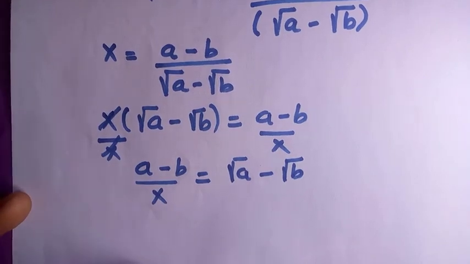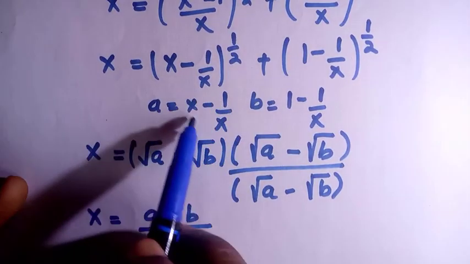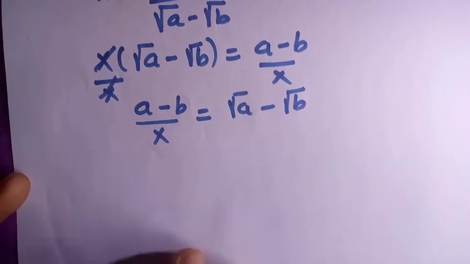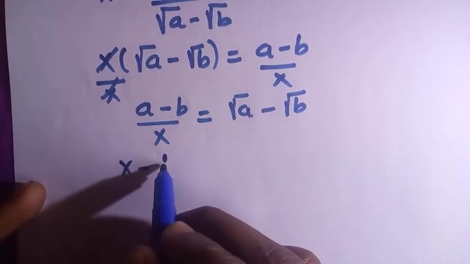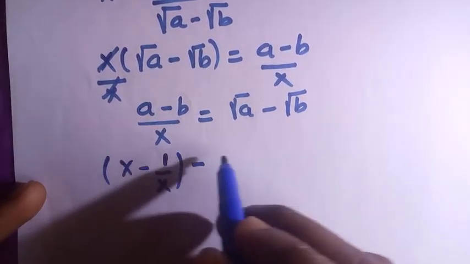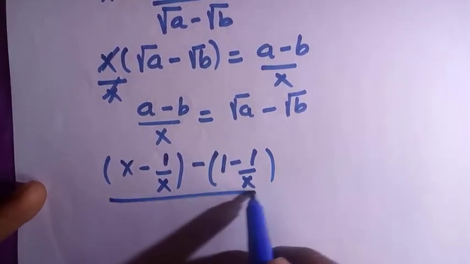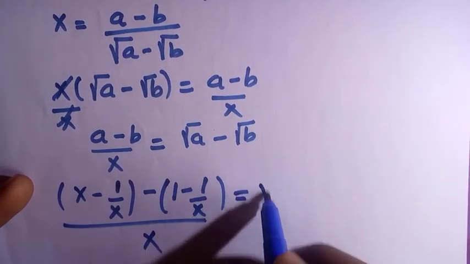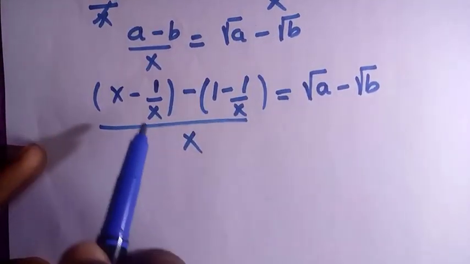But we should know that since we have let a be equal to x minus 1 over x and b is 1 minus 1 over x, if we try to replace it here, a becomes x minus 1 divided by x minus, again, b is 1 minus 1 divided by x, and everything divided by x equals to, so I will still leave this one to be root of a minus root of b, and I'm going to change the value of it later.